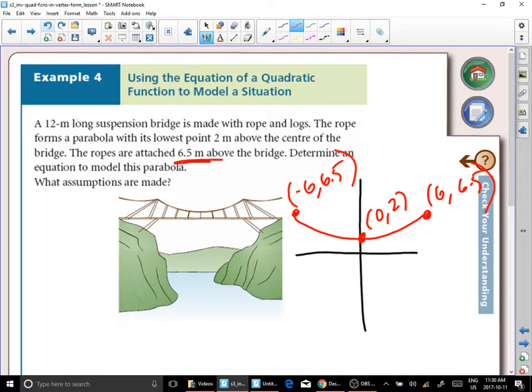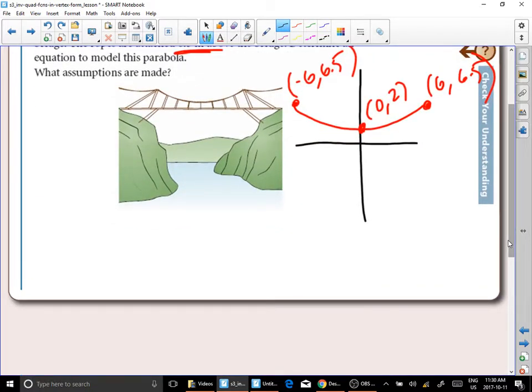The most important point there to help us out is the (0, 2). The (0, 2) tells us what the vertex is. Okay? It tells us what the vertex is. So from just the point (0, 2), we know that the equation is y equals a, bracket x minus 0.